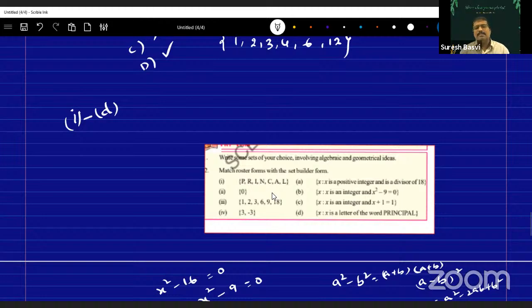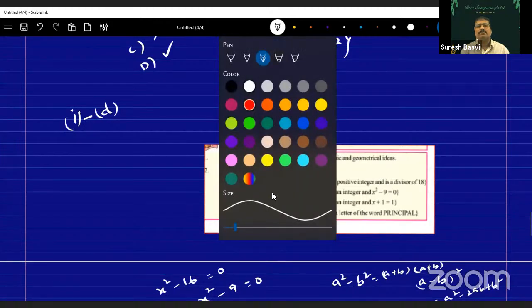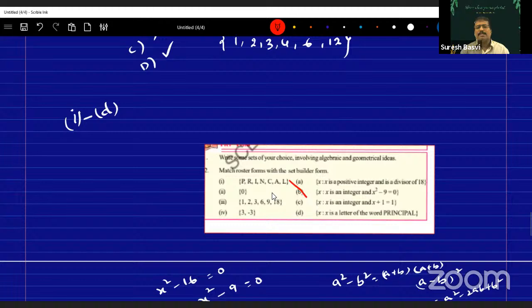So first I do it like this, 1D. Why? Because in PRINCIPAL, P is repeating and I is also repeating. So that's why I can write it as 1D. Am I right, Nana?